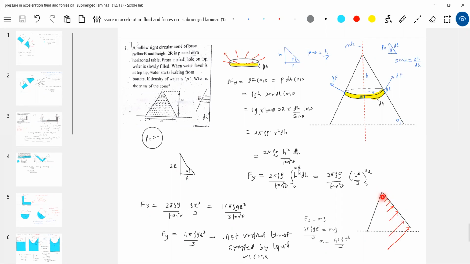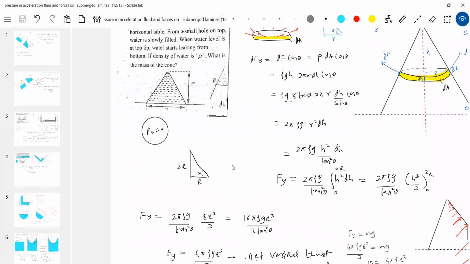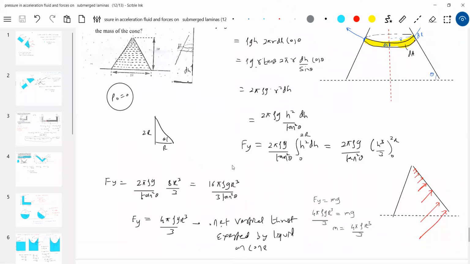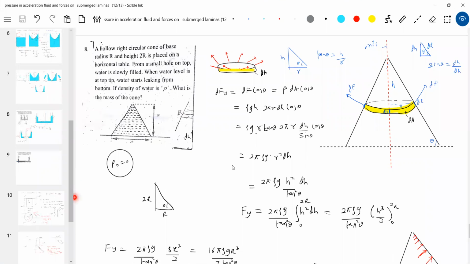If you want, you can go for the pressure triangle idea. Questions like this can be asked in advance. Of course, a small integration is there. The elemental strip, the way we assume it, becomes very, very important. This assuming of a strip is the key idea, and the dl, the surface area of the strip.